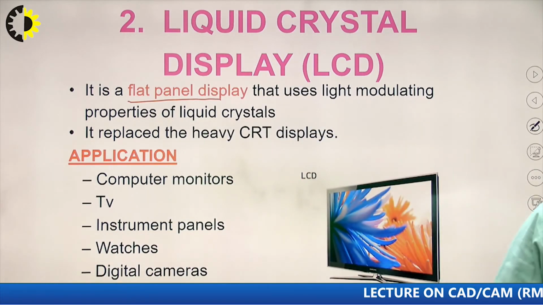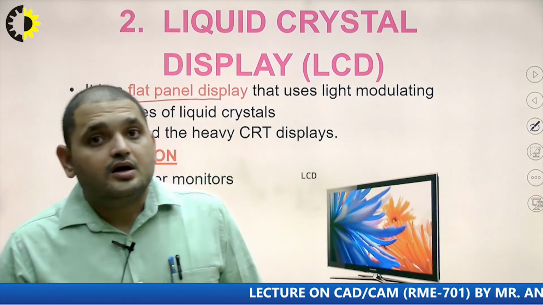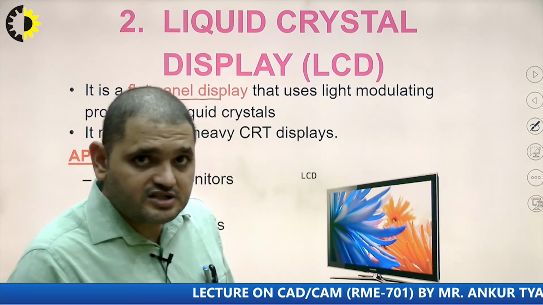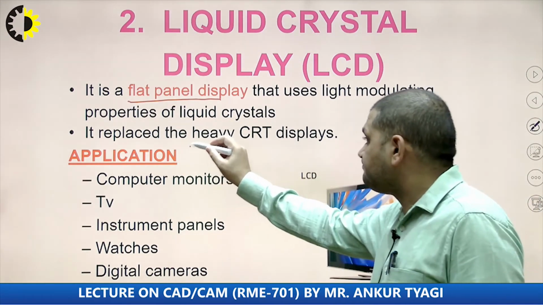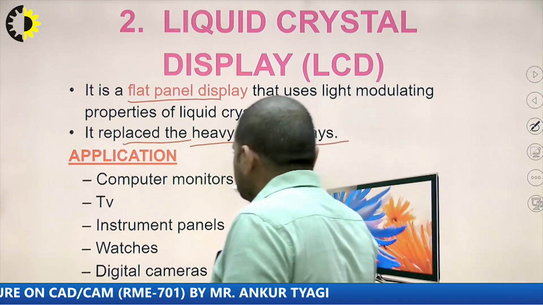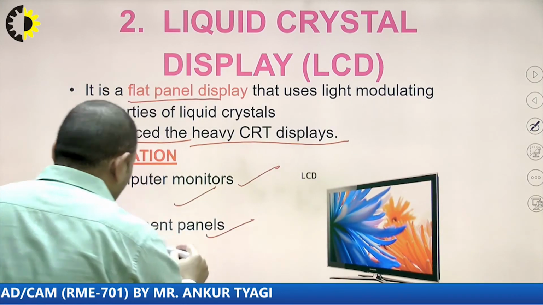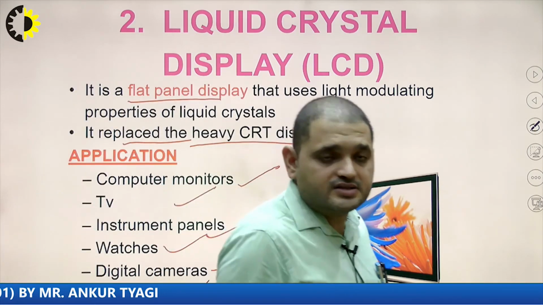The light modulating properties of liquid crystals are used here, and with the help of that an image is generated. So it replaces the heavy CRT displays. Application: computer monitors, TV, instrument panels, watches, digital cameras, calculators. So everywhere LCDs are being used.